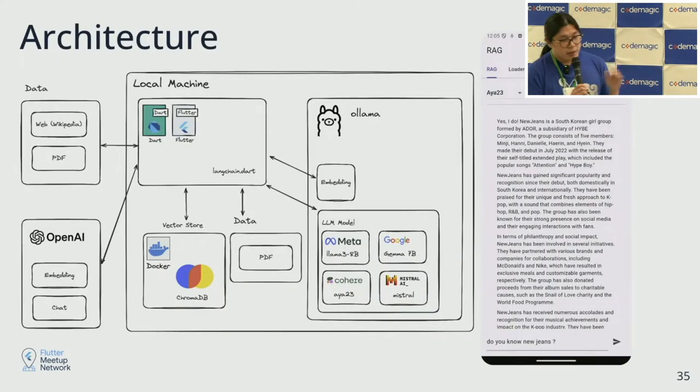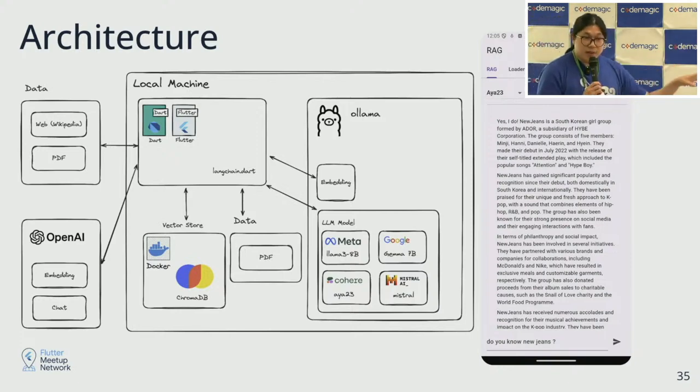Here is the architecture diagram for the RAG app that can answer questions about Korean idols. I installed Ollama to run LLMs locally on my Mac. Next, I prepared the LLM environment where I download the LLMs and operate them through Ollama.